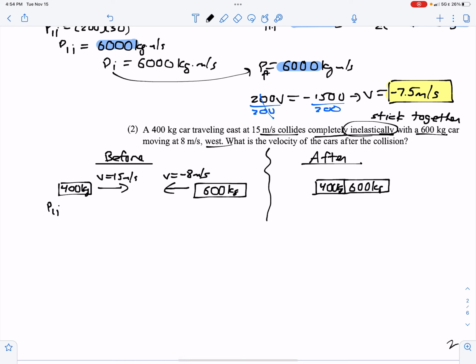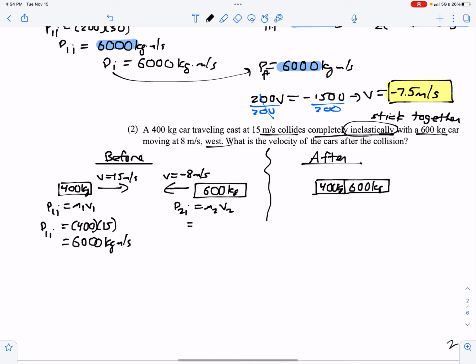P1 initial is M1 V1. P2 initial is M2 V2. It's just mass times velocities. So P1 initial is going to be 400 times 15, which is 6,000 kilograms meters per second.